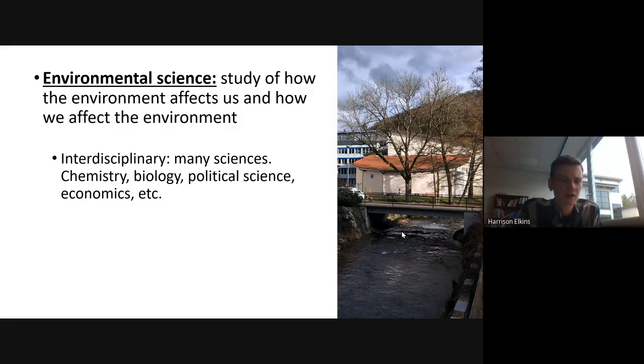You're also going to bring in a little bit of politics, a little bit of history, things from economic class. You're going to bring in reading in English class because of different literature on the subject. So this has a lot of different things. Ideally, environmental science is done without bias, okay? So science is something that we try to do without subjective opinions.